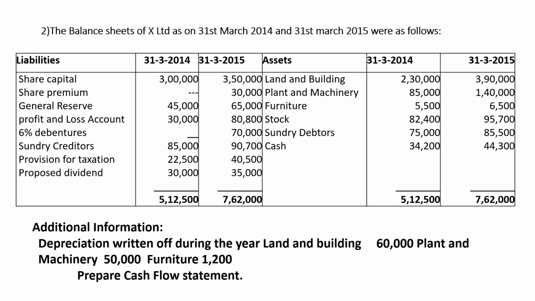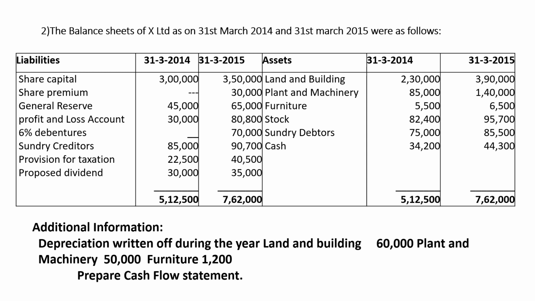Next, second problem. The balance sheets of X Limited as on 31st March 2014 and 31st March 2015 were as follows. Assets and liabilities for the year 2014 and 2015 are given below. First, see the liabilities.